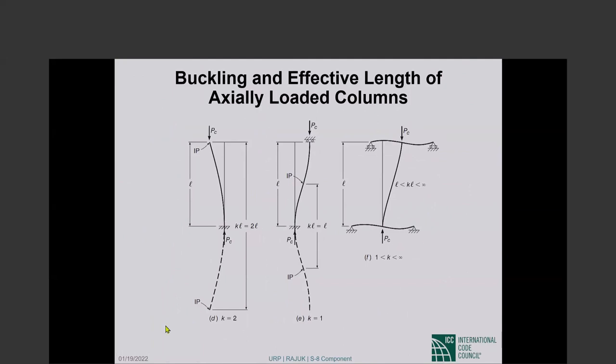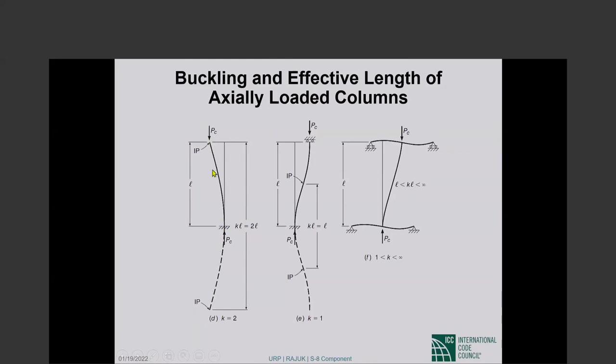Now we look at a cantilever column. Very obviously, the end can translate, and equally obviously, the K value is 2.